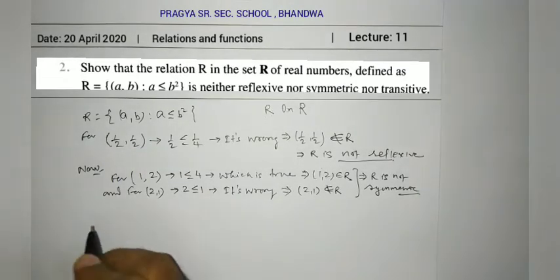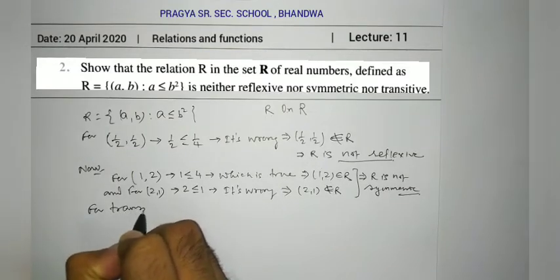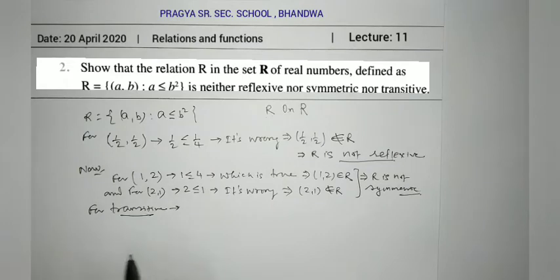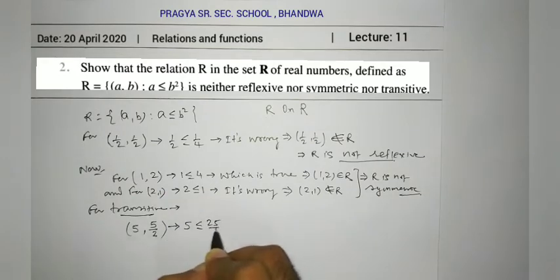Now for transitivity, we will consider one pair. Suppose I am considering 5 by 2 as B. What is 5 upon 2 square? It is 25 upon 4, and 25 upon 4 is 6 point something. So the first pair I will consider is (5, 5 by 2). This means that 5 is less than or equal to 25 upon 4, which is true.